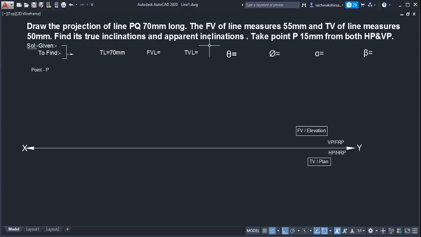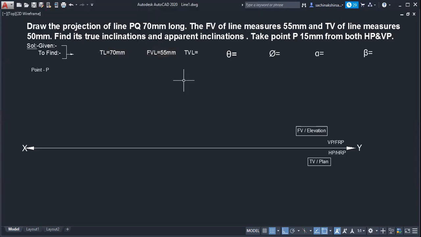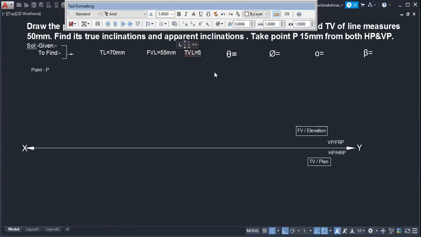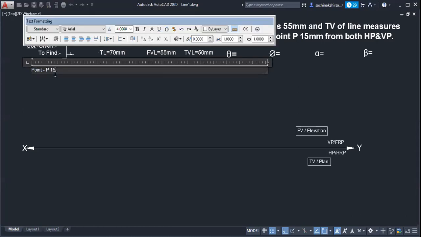Again, what is given? FVL is 55 mm. Very good. TVL is 50 mm. Very good. Again, point P is 50 mm above HP and in front of VP, from both planes.